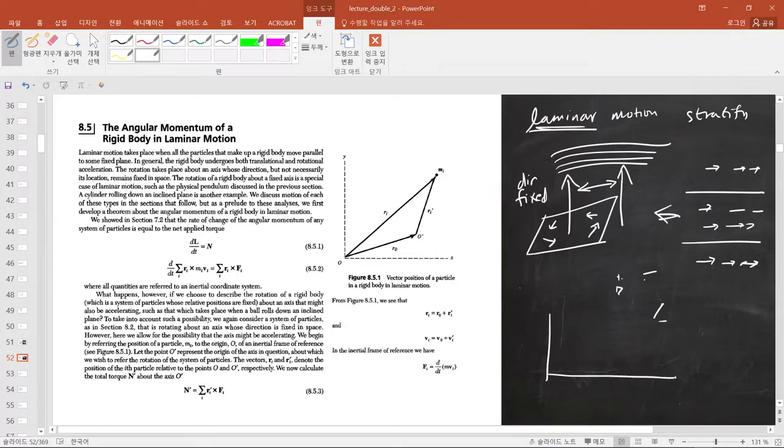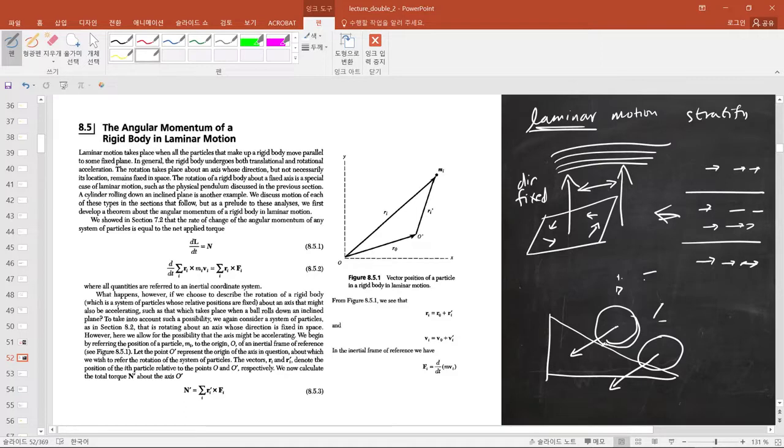So the typical example is this disk rolling down the inclined plane, and it's rotating around this center of mass or this point here. But for example, if you consider the center of mass, then the axis here is not fixed.